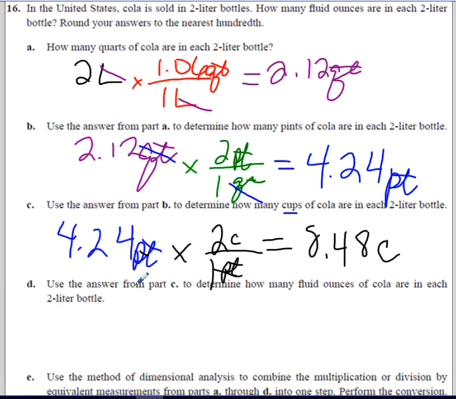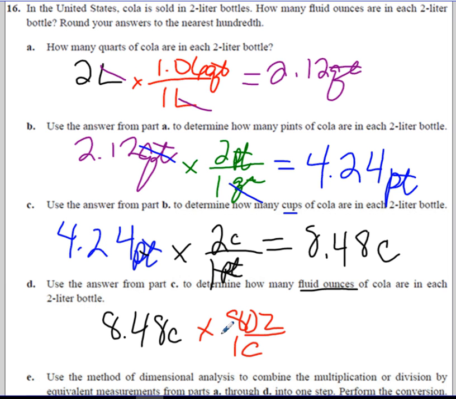And now we're going to go to fluid ounces. Remember, it's 16 ounces in a pound, but it's 8 ounces in 1 cup. So don't mix your numbers up. So we have 8.48 cups, and we're going to multiply it by 8 ounces in 1 cup.